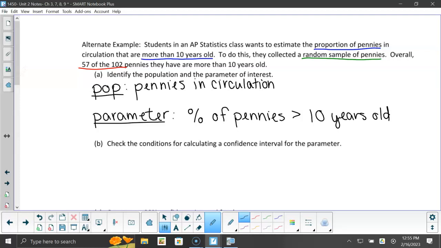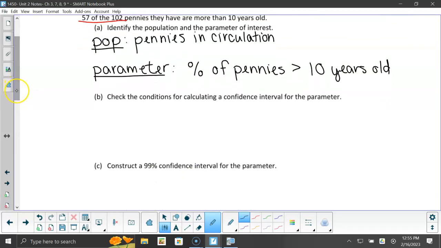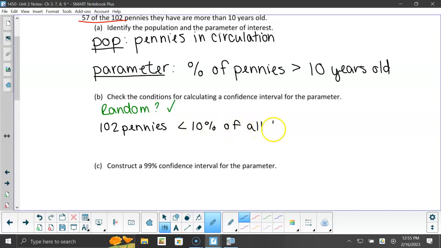Part B says check the 3 conditions. What were our 3 checks again? Okay, so random. Yes, they explicitly said it. We are good. The second check is, do I think that 102 pennies are less than 10% of all the pennies?